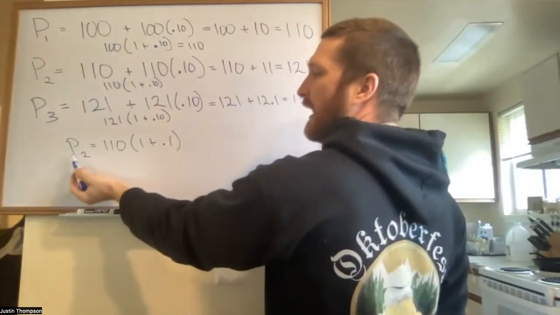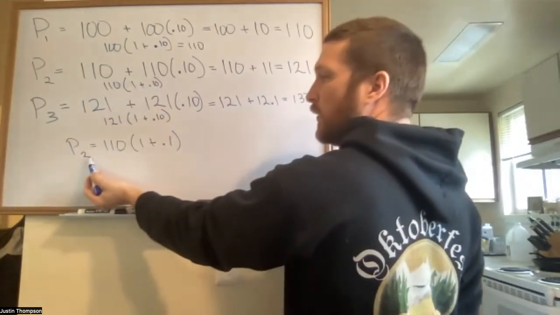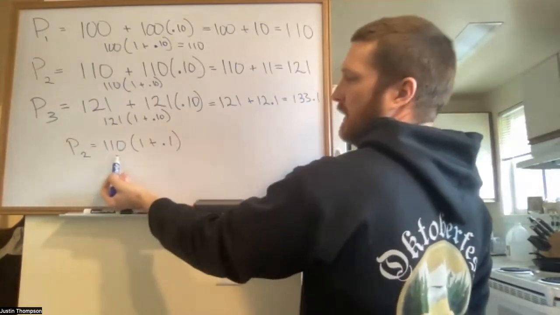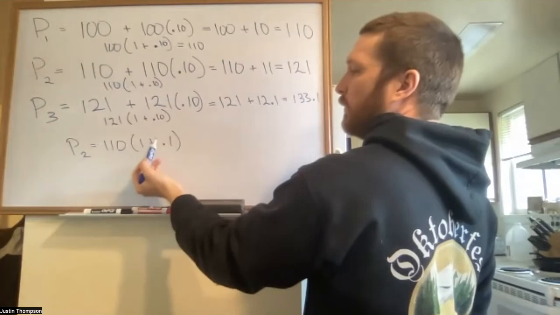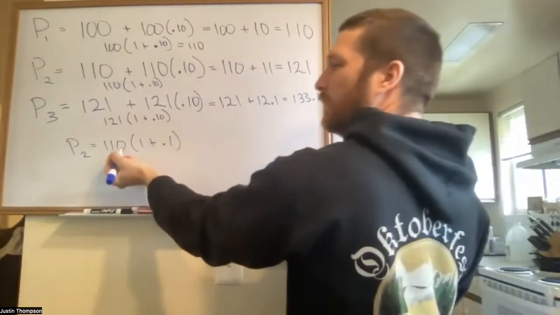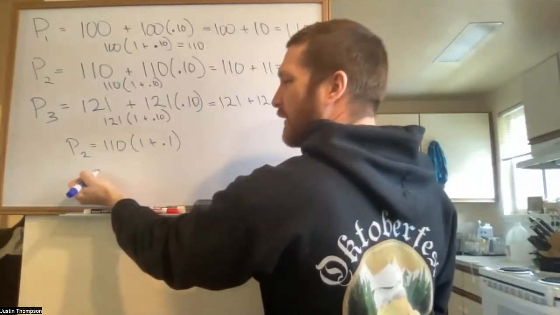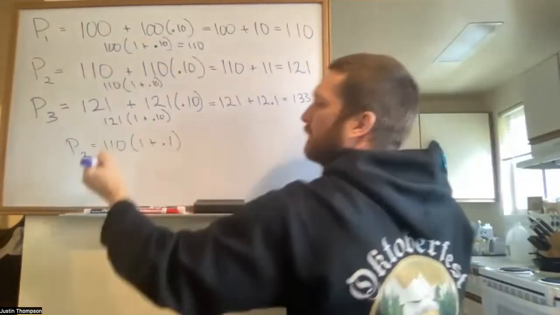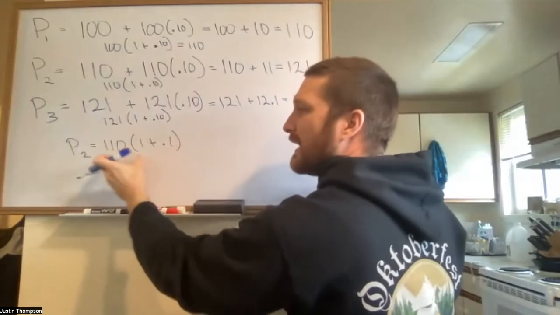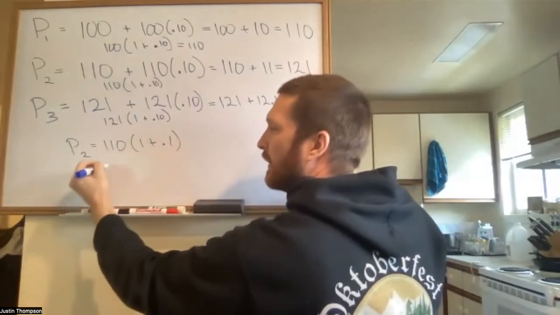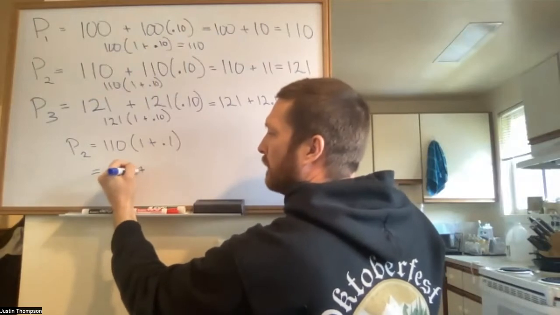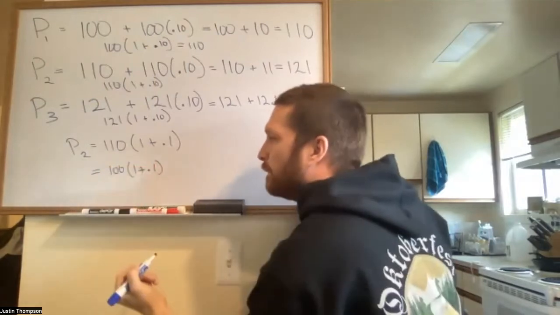To find how much we'd have after year 2, we take 110, the amount we invest, times 1 plus 0.1. But look at this. What did we just find that 110 was? How did we get it? We took 100 and multiplied by this. So instead of writing 110, I'm going to rewrite that as 100 times 1 plus 0.1.